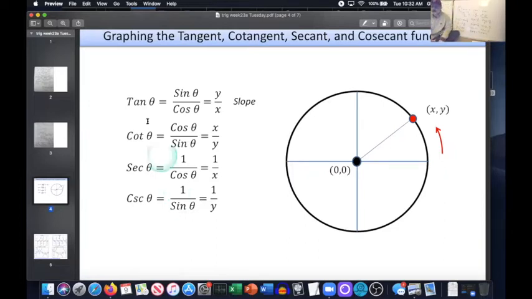Okay, and so we're going to start graphing tangent, cotangent, secant, and cosecant right now. Now the tangent you could think of as the slope. So first you start on the horizontal where the slope is 0, and then as the red point goes up, the slope starts increasing.